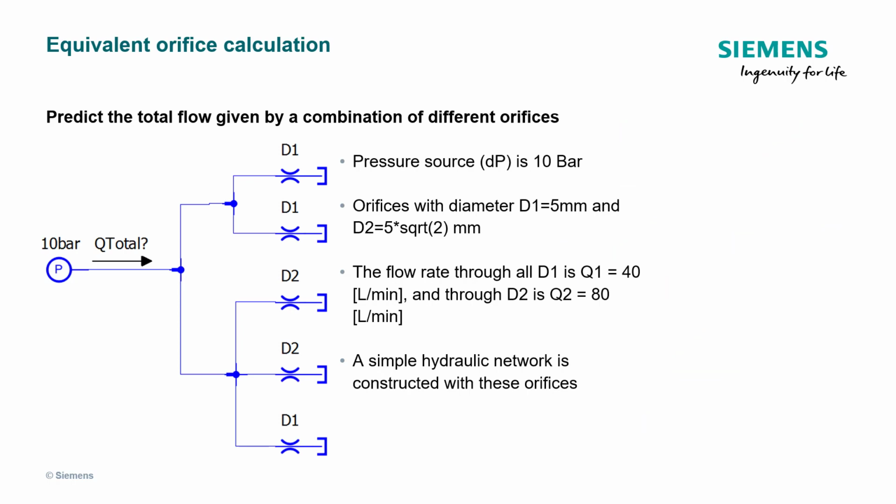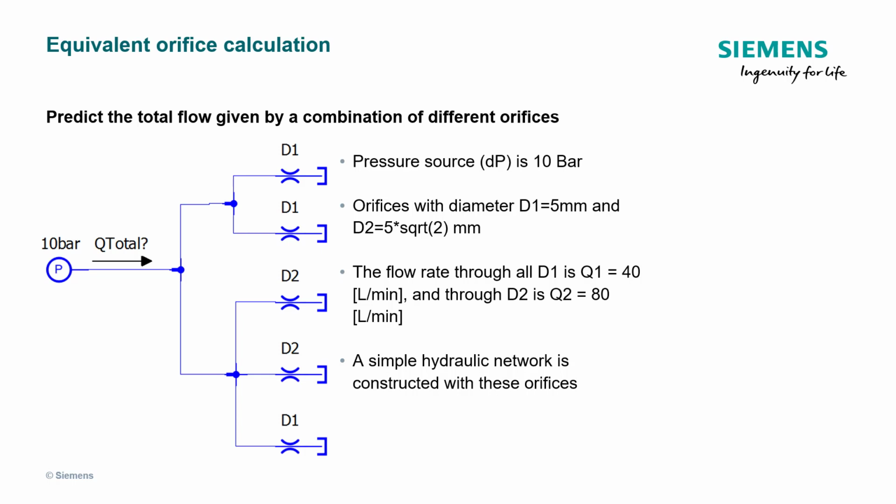Now we will use a small model shown in this slide to demonstrate how to find an equivalent orifice to represent this complete hydraulic circuit. In this circuit, the pressure source is set at 10 bar, the orifice with diameter d1 is 5 mm, and d2 is 5 multiplied by square root of 2, which is around 7 mm.